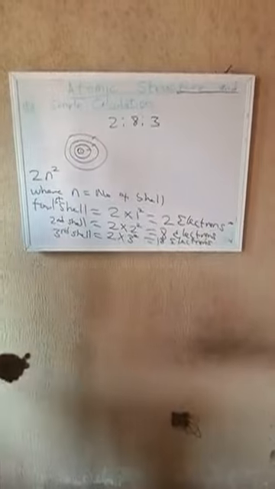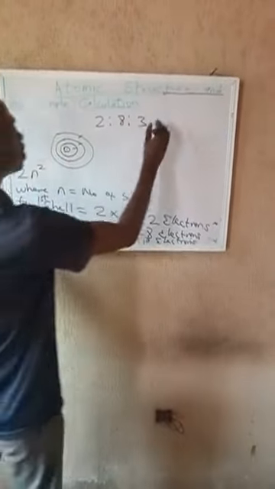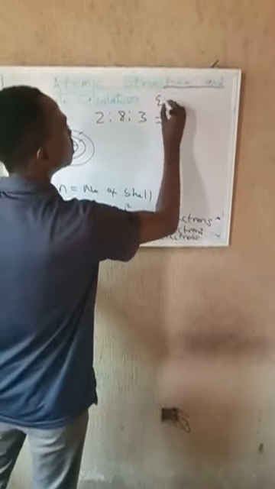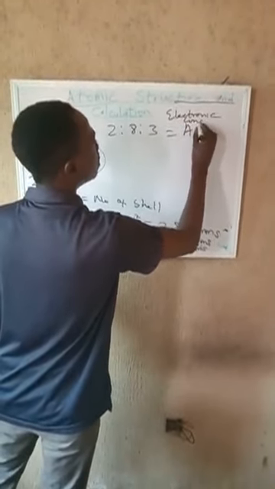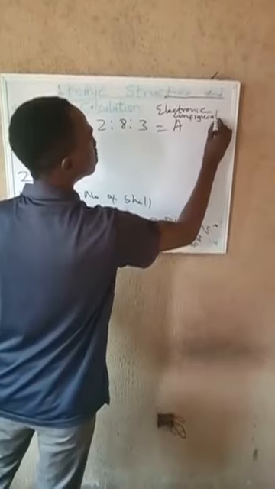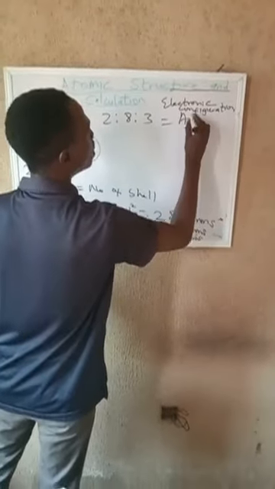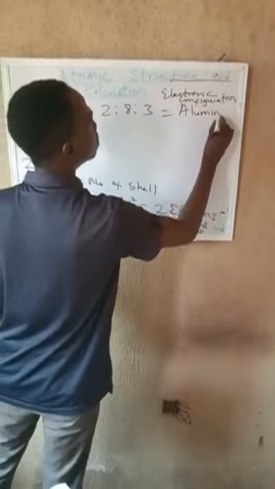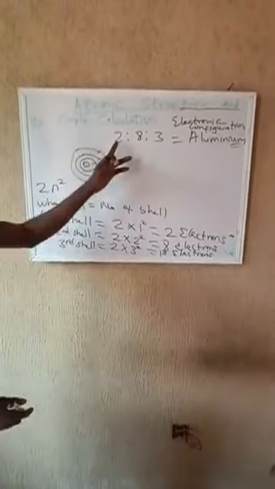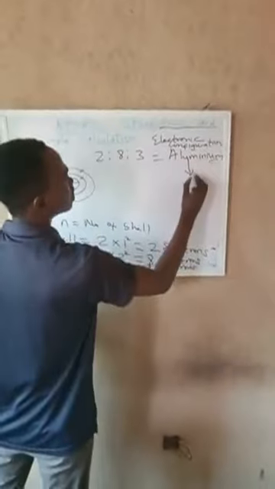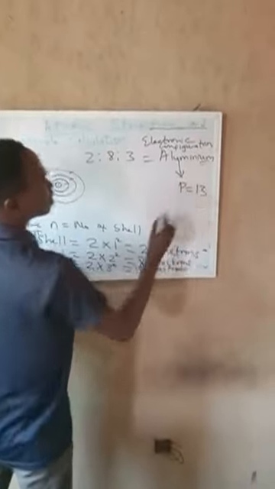This is the electronic configuration of aluminium. Why is it like that? Aluminium has a proton number of 13.